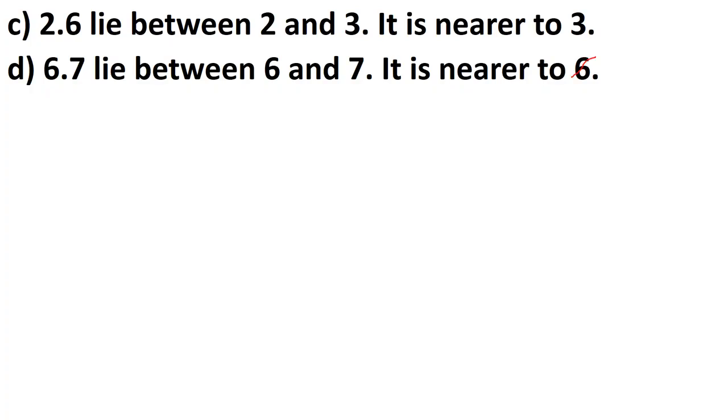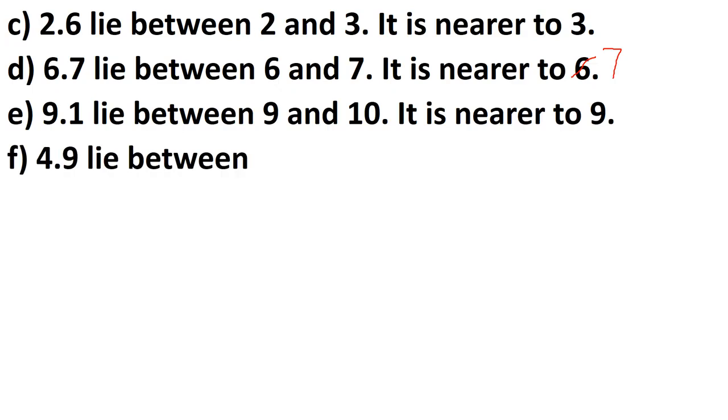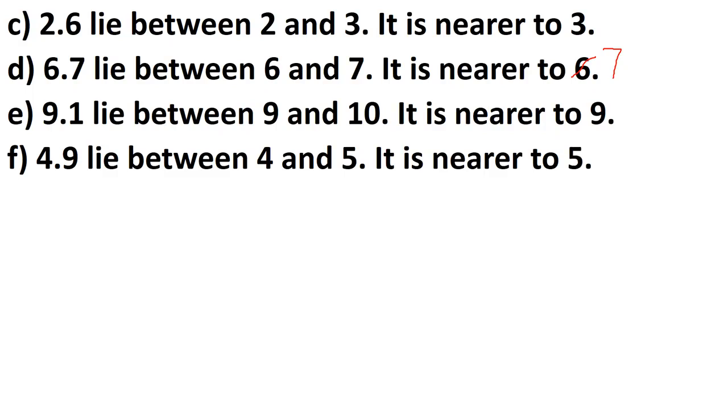So here it is nearer to 7. 9.1 lies between 9 and 10 and it is nearer to 9. 4.9 lies between 4 and 5 and it is nearer to 5 because 9 is the decimal digit there.